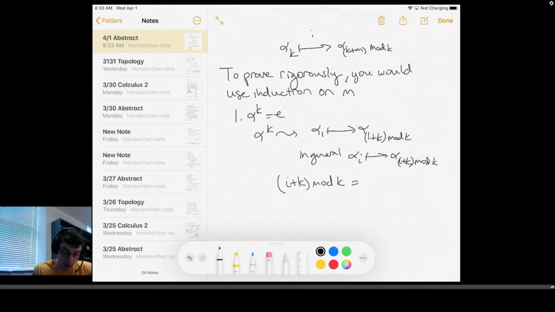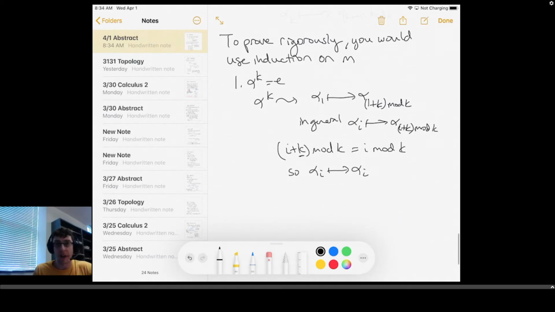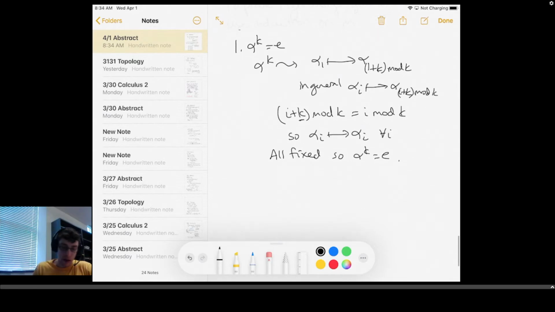It's just i mod k, because k is divisible by k. But that is just i, because i is less than k. And so that means alpha i goes to alpha i, so all of them are fixed. So alpha to the k is the identity, the permutation which fixes everything.